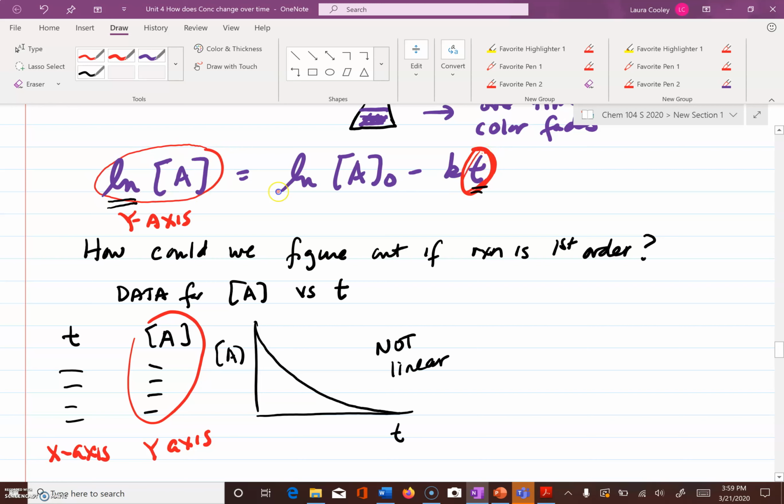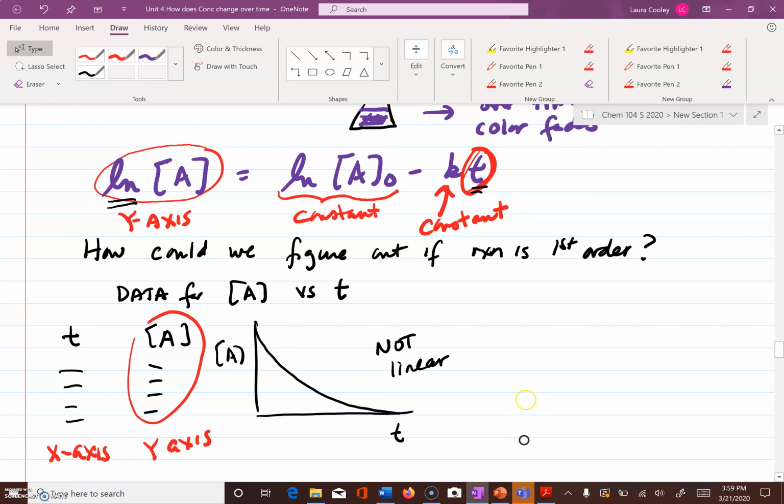Because the log of A0 is just a constant. It's just the log of the initial concentration. Like in the example we spent a long time on, this would be the log of 0.6. That's just a number, minus 0.511. That is not changing. So that's a constant.